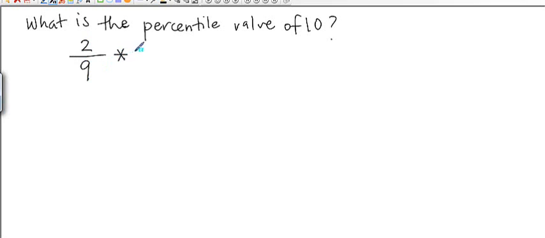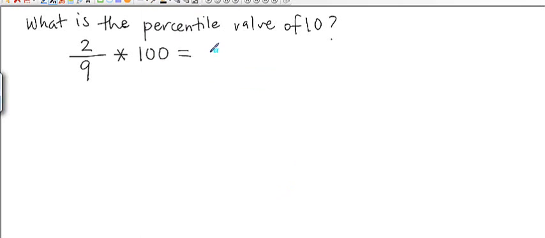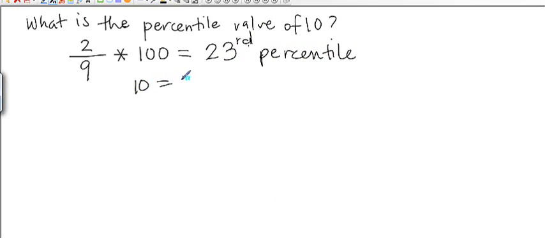In total, we have 9 pieces of data, and again you multiply that by 100. So I want 2 divided by 9 times 100, and I get 22.2222. We always want to round up in this case, so that is the 23rd percentile. So 10 is P23.